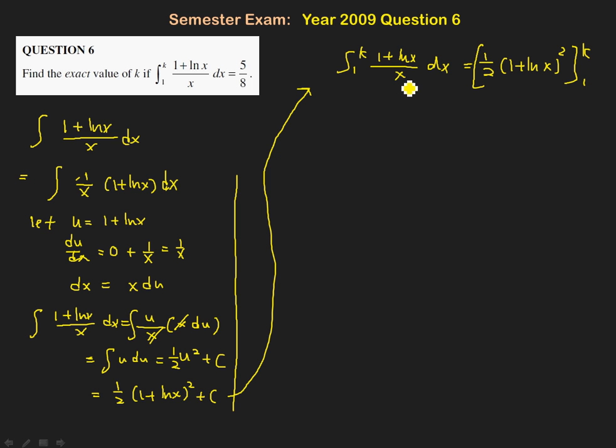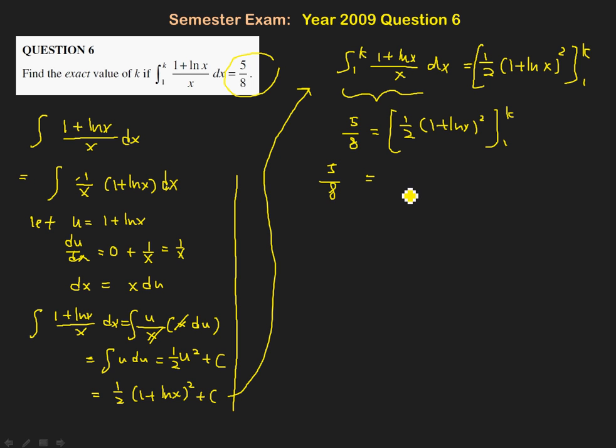Now what is this guy? Given here is 5 over 8, so now we can replace this with 5 over 8, and your job is to deal with this from 1 to k, and I hope you were able to do the substitution correctly.